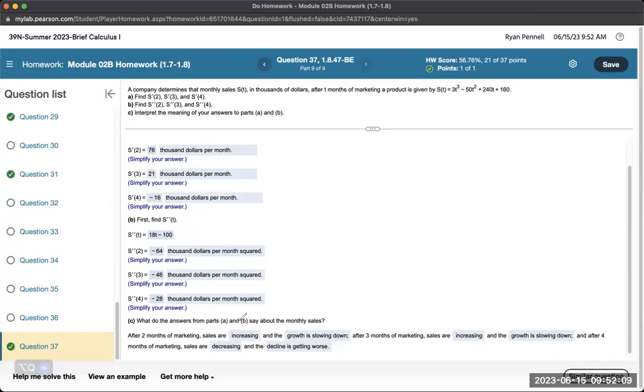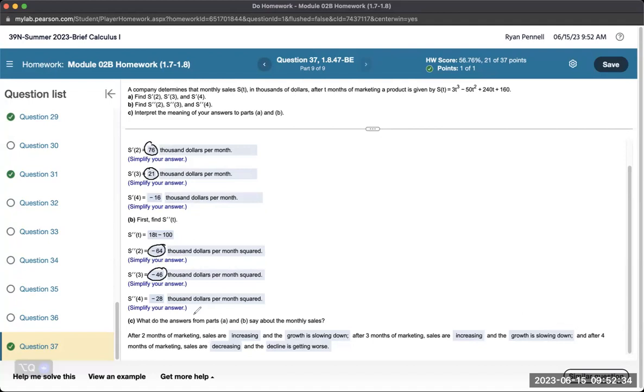Right? And then the end says after 2 months, okay, it's increasing. We have a positive slope here, but it's slowing down. Okay. After 3 months, still increasing. That's a positive slope. We see it's slowing down. Okay. Still slowing down.